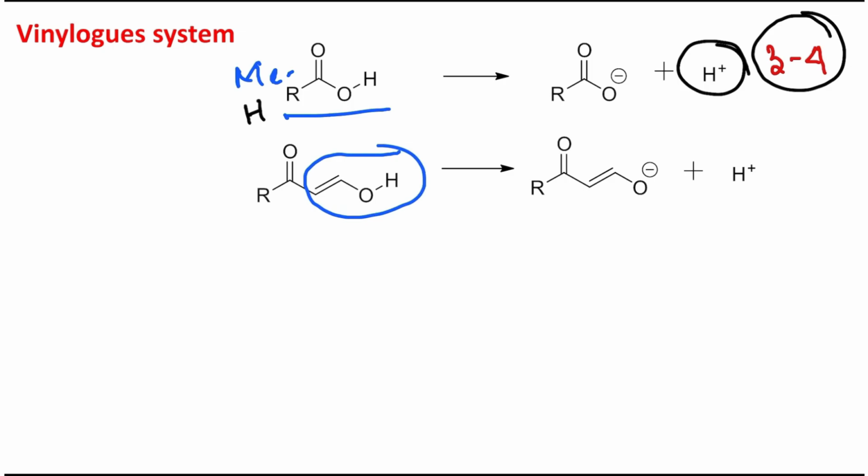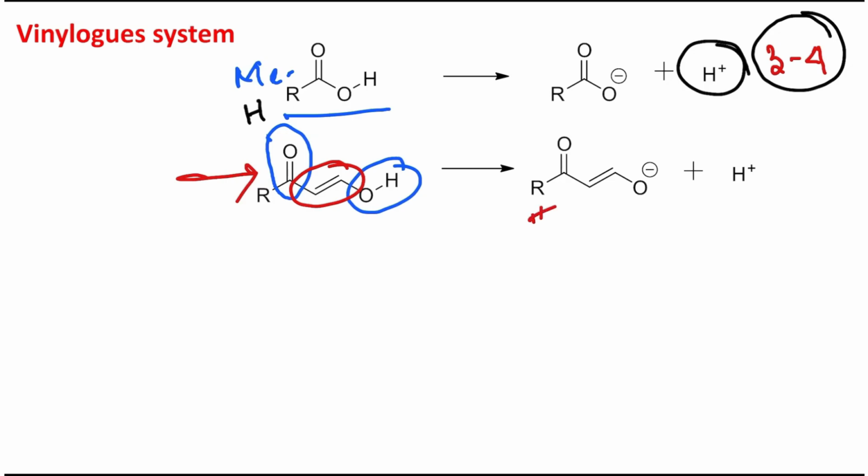Not only that, it can act as an acid, because in between there is one vinyl group. So this part you can consider a vinylogous carboxylic acid, and it also shows acidity like the formic acid derivative. In this case R is also equal to H, and the pKa is about 5 to 6. The property is slightly different, but acidity shows.